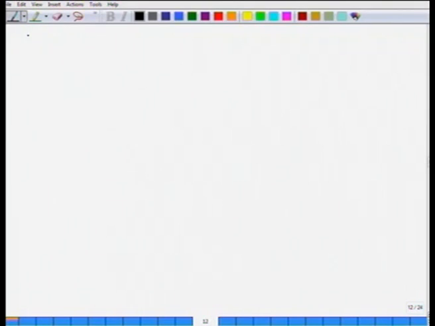So, the next logical question is: because k prime represents many small k states, and this k prime is in the first Brillouin zone, what is the total number of states in the first Brillouin zone?